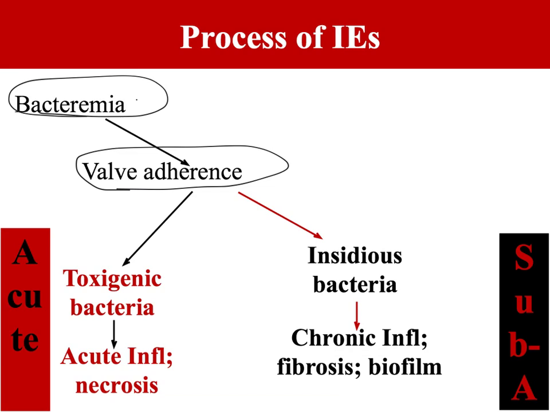This is where things break apart into acute versus subacute, right? This is in both. If you have toxigenic bacteria, like a staph or a strep pyogenes, that are capable of making a certain type of toxin that we'll get to in a second, you are likely going to wind up with an acute endocarditis.